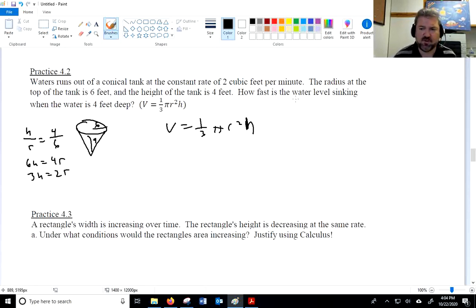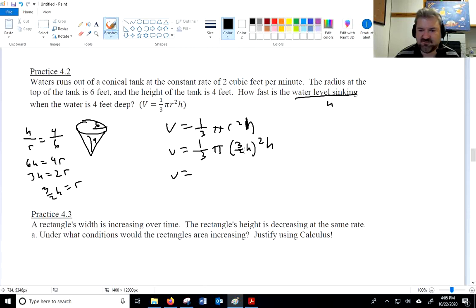We want to know how fast the water level is sinking. That's h. So I just need to say that 3/2 h is equal to r. So volume equals 1/3 pi times 3/2 h squared times h.